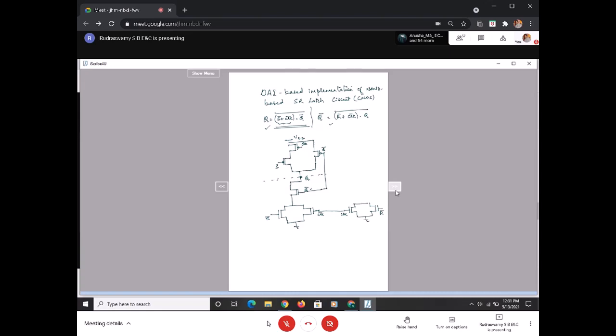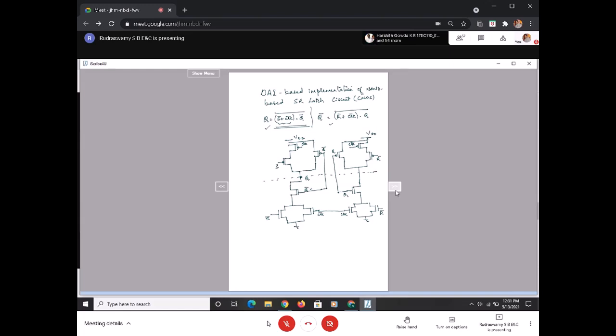Okay, this is done, and that should be in series with Q. This is my R bar, this is my clock bar, and this is VDD, and this should now be in parallel with Q. The same bifurcation continues, and this Q and this Q are shorted.